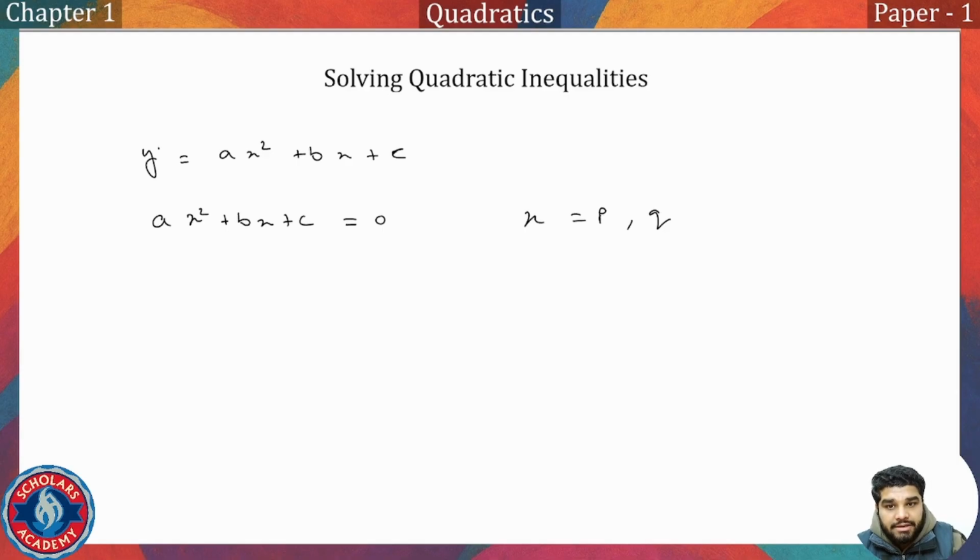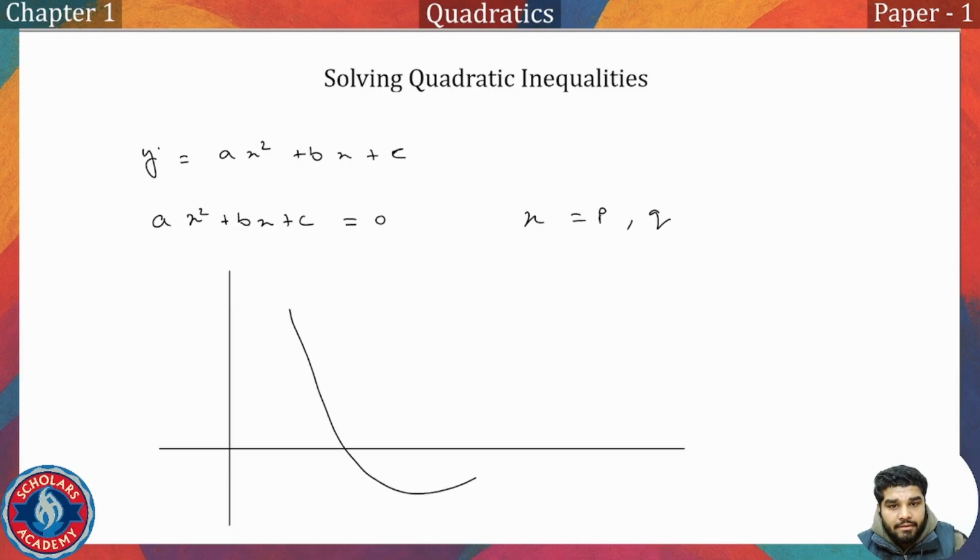So if I show you by a graph, only these 2 points give us y as 0. If we substitute only these 2 points p and q in the equation, we get y as 0. The rest of the range: before p, the quadratic equation has y which is greater than 0. From p to q, the value of y is less than 0.